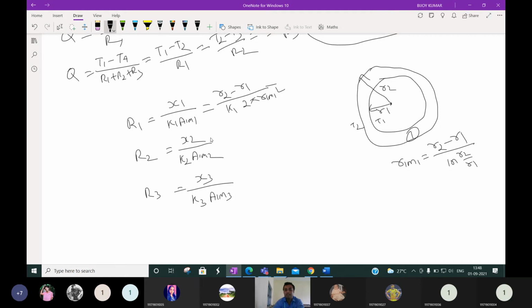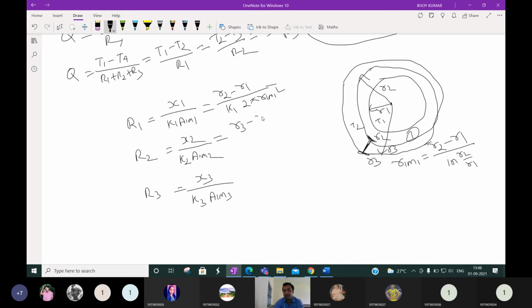Okay. Next come to R2. R2 means the second wall. This is the second wall. So for the second wall, X2 means what? Thickness of this wall. So this is R3, this is R2. So what is the thickness?